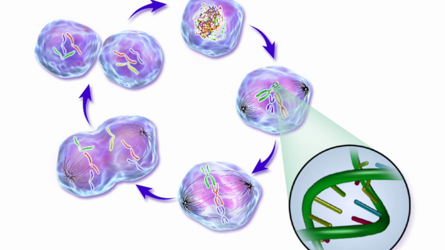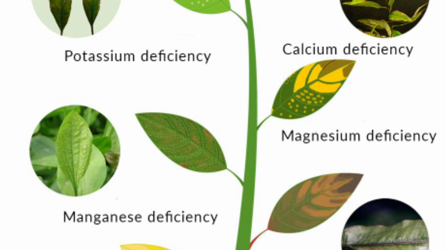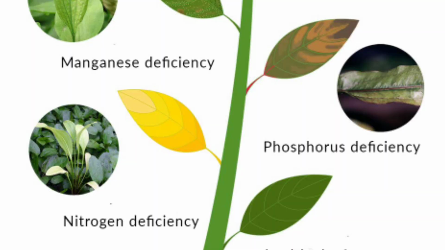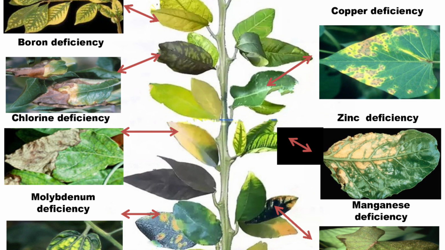These deficiency symptoms arise from deficiency of sodium, potassium, magnesium, sulfur, iron, manganese, zinc and molybdenum. Also calcium, magnesium, copper, potassium.